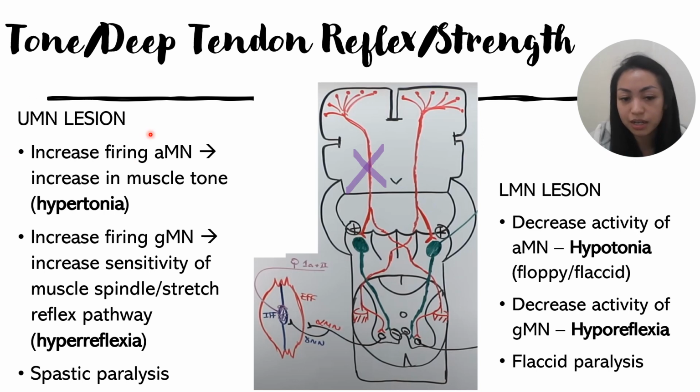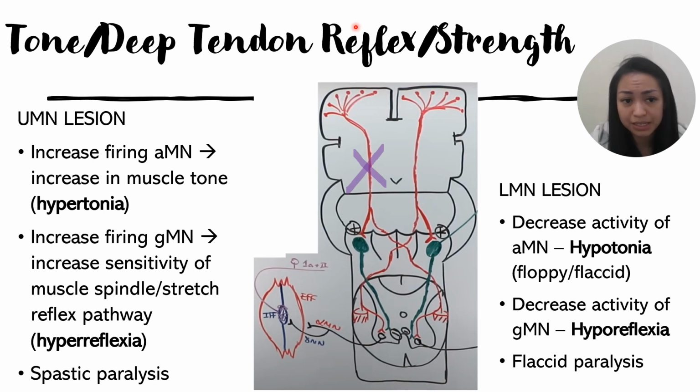So in an upper motor neuron lesion, it's called spastic paralysis. So the paralysis bit is your clue for decrease in muscle strength. Yeah? Spastic paralysis is because of the increase in tone and deep tendon reflexes. Okay?